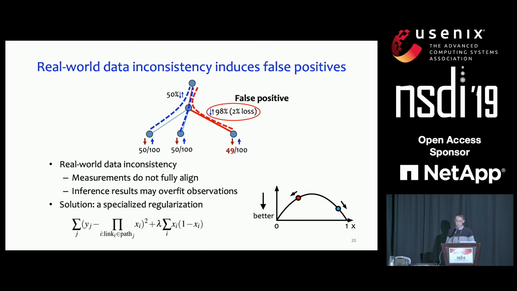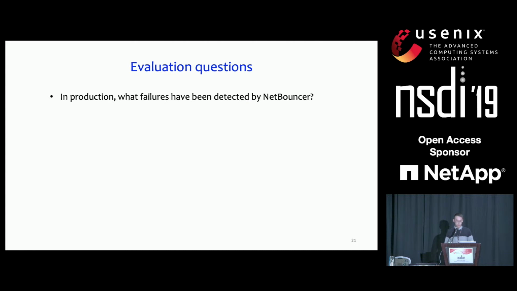The lower the y-axis, the smaller the fitting error. The regularization term intends to pull the good links to be better and push the bad links to be worse. The intuition behind this is that failures are rare, and the vast majority of the links are healthy. There are more challenges for failure inference algorithms. Please check our paper for details.